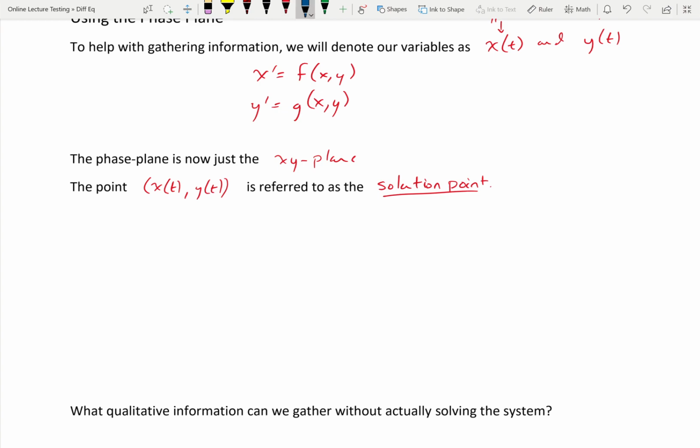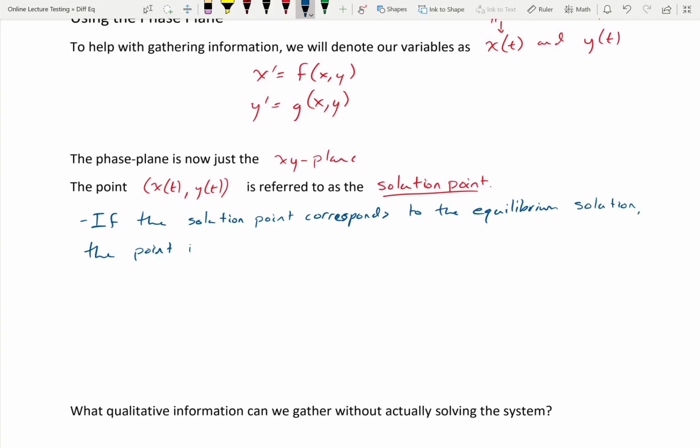All right. If the solution point corresponds to the equilibrium point, the components x of t and y of t are constant for all values of t. This point is often called the equilibrium point, or equilibrium solution.